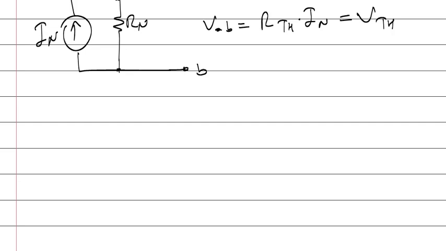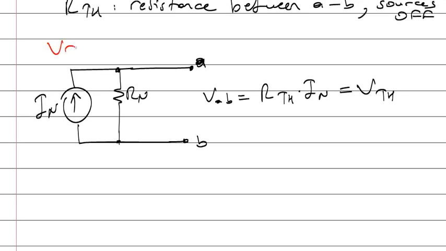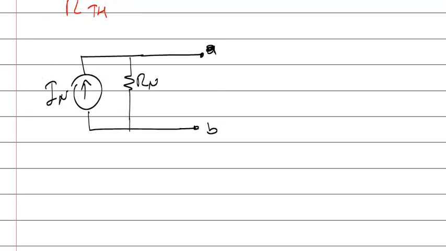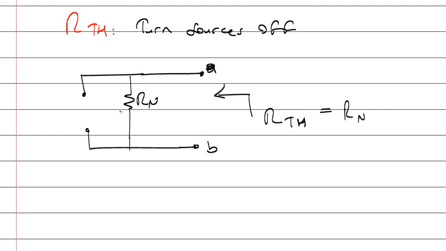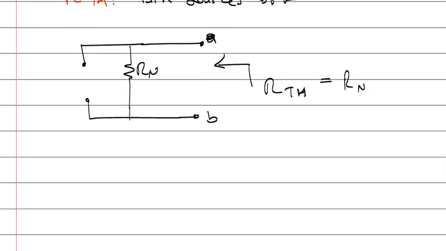And similarly, this is how to calculate Thevenin voltage, how to calculate Thevenin resistance. Similarly, turn the sources off. Okay. So if you turn off a current source, it will be an open circuit. So what's the resistance between points A and B? That's equal to R Norton, this resistor.